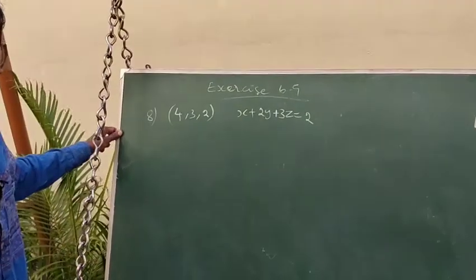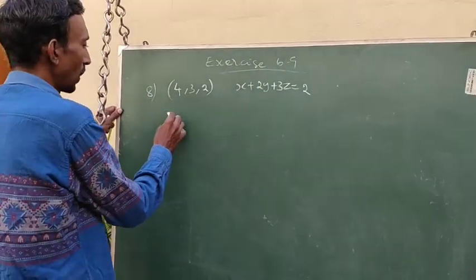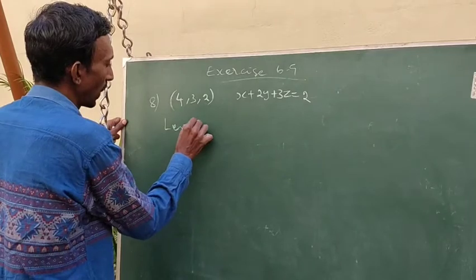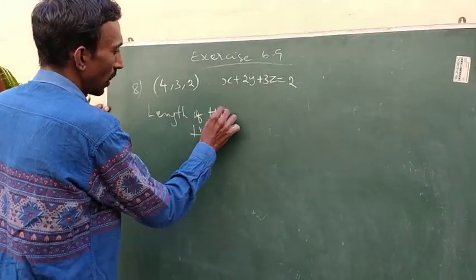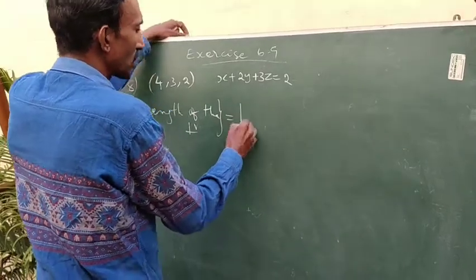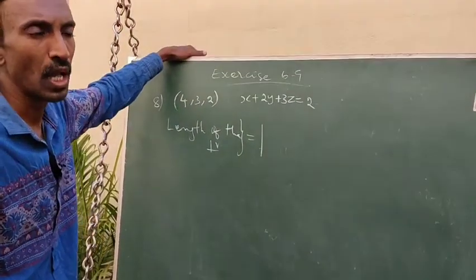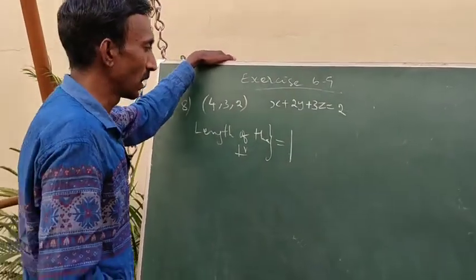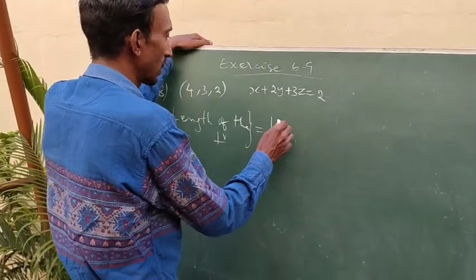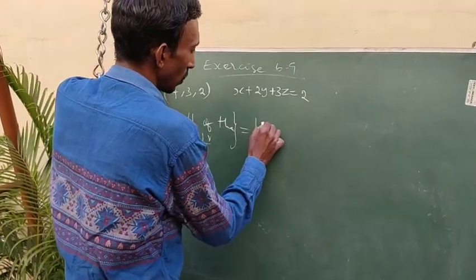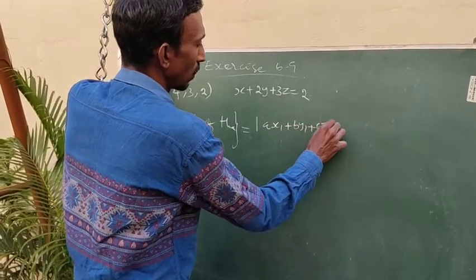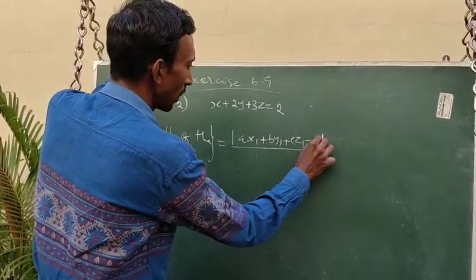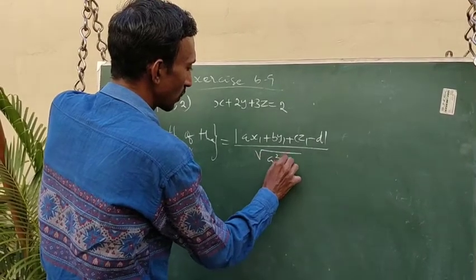As in the sixth question, the length of the perpendicular is obtained by the formula modulus of ax1 plus by1 plus cz1 minus d by root of a square plus b square plus c square.